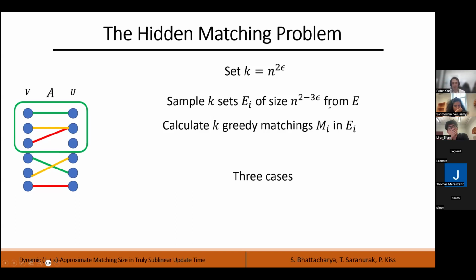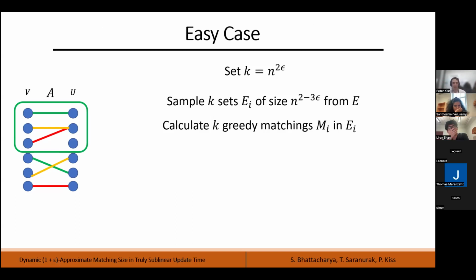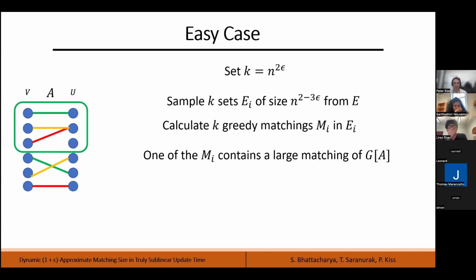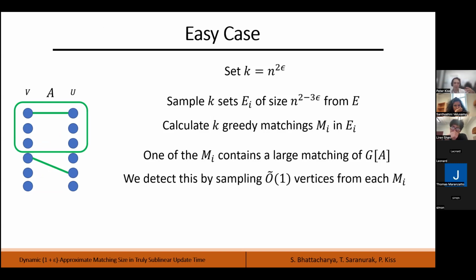There will be 3 cases we need to consider. So first, there's a very simple case, which would be the most appealing thing if we could guarantee it, but we cannot guarantee it at all times: that one of these matchings we calculated is actually quite good. That is, it's already a constant approximation inside of the secret set A. Now, this we can test by sampling randomly from its endpoints and testing whether they are in the secret set or not.